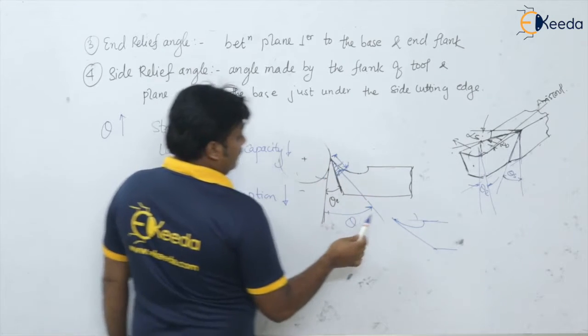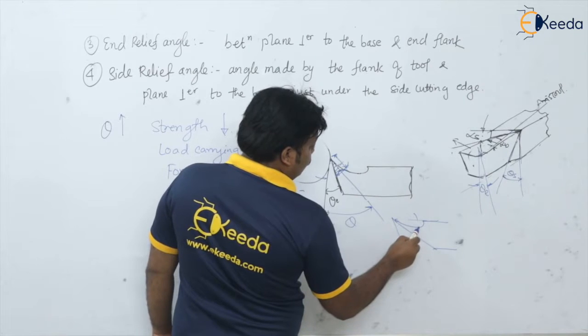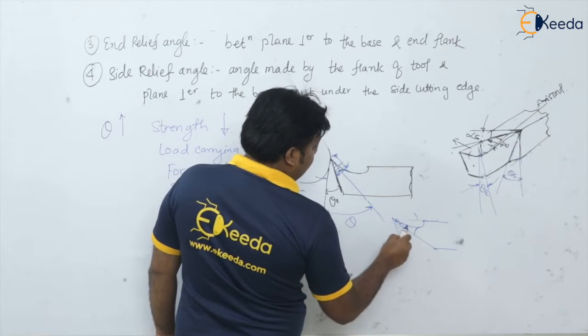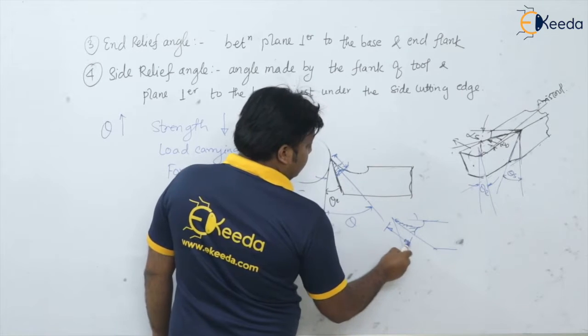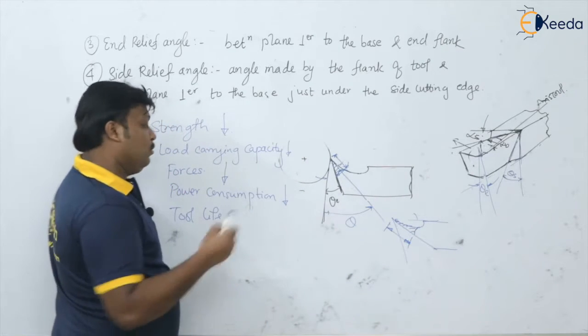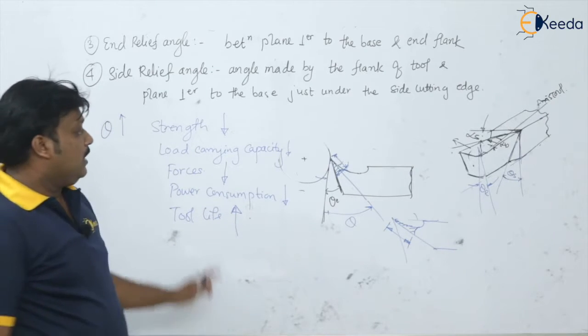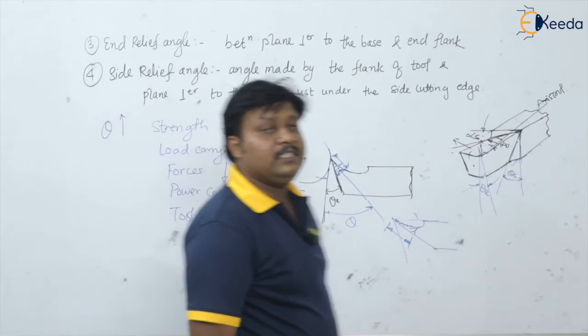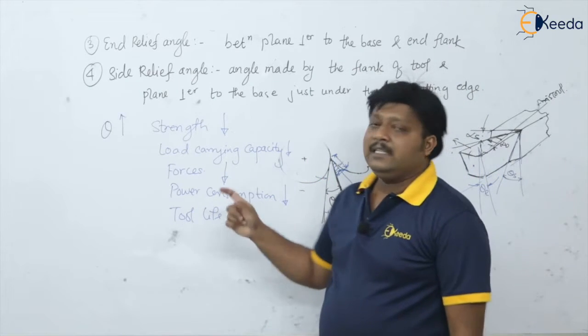Now when you go on increasing the relief angle, your wear land also goes on increasing. So there is more time between two successive regrindings, so tool life goes on increasing. This is the effect of the relief angle on machining.